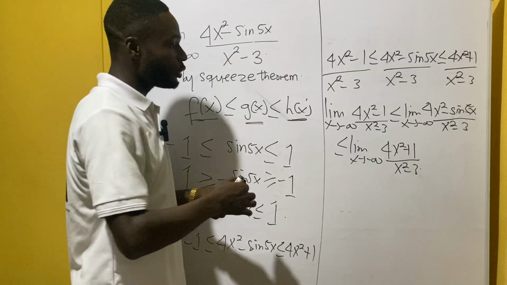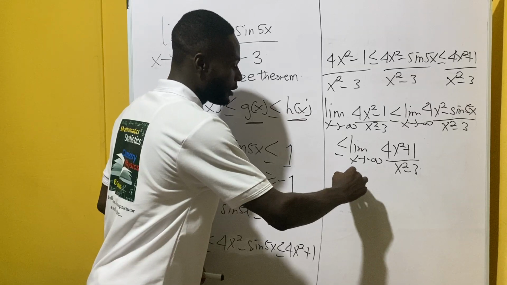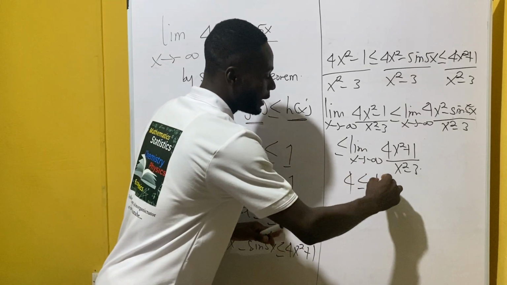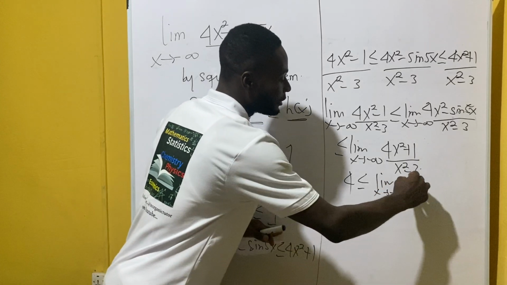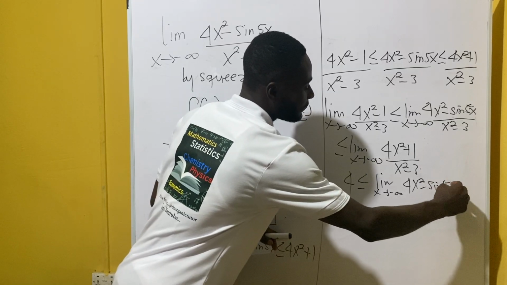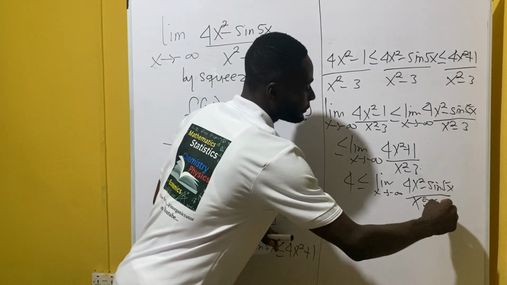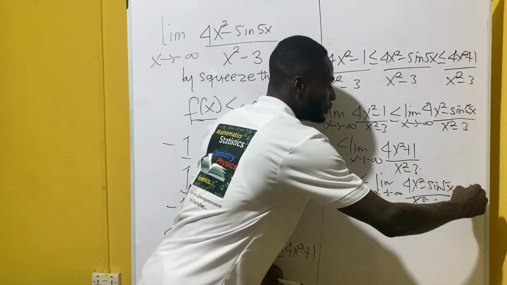So this limit is going to be 4, less than or equal to the limit as s approaches negative infinity of 4s squared minus sine 5x all over s squared minus 3, less than or equal to this one, also 4.